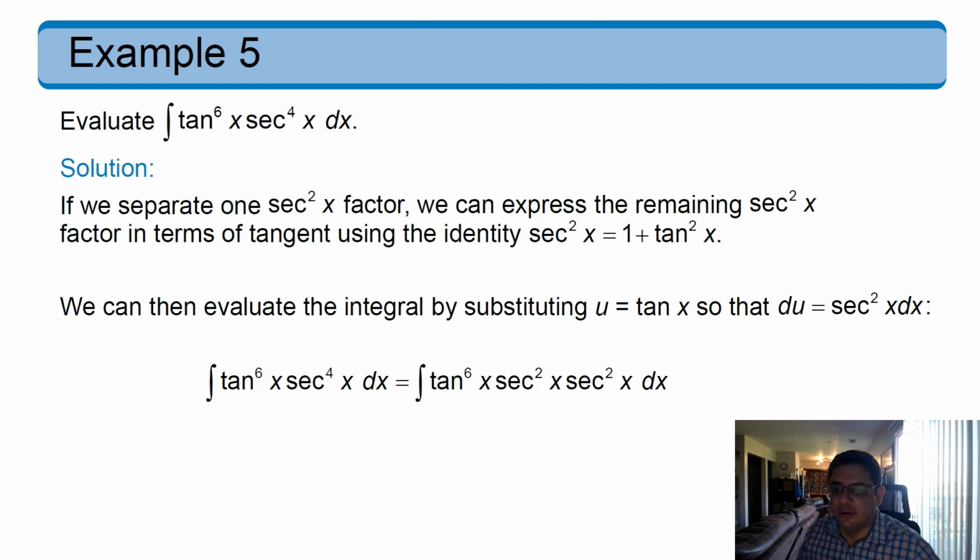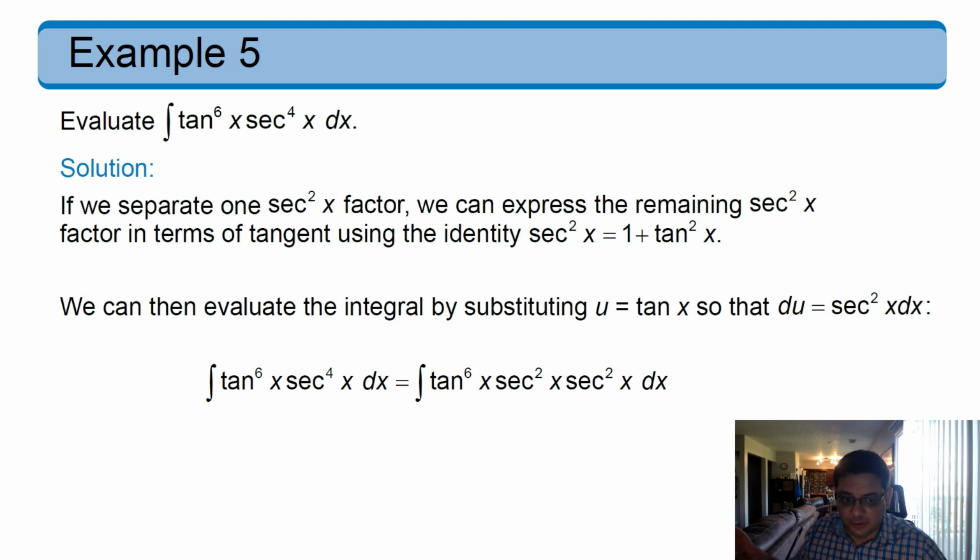So consider the integral tangent to the 6 of x multiplied by secant to the 4 of x. Here, we're going to separate one secant squared factor, and we can express the remaining secant squared factor in terms of tangent.